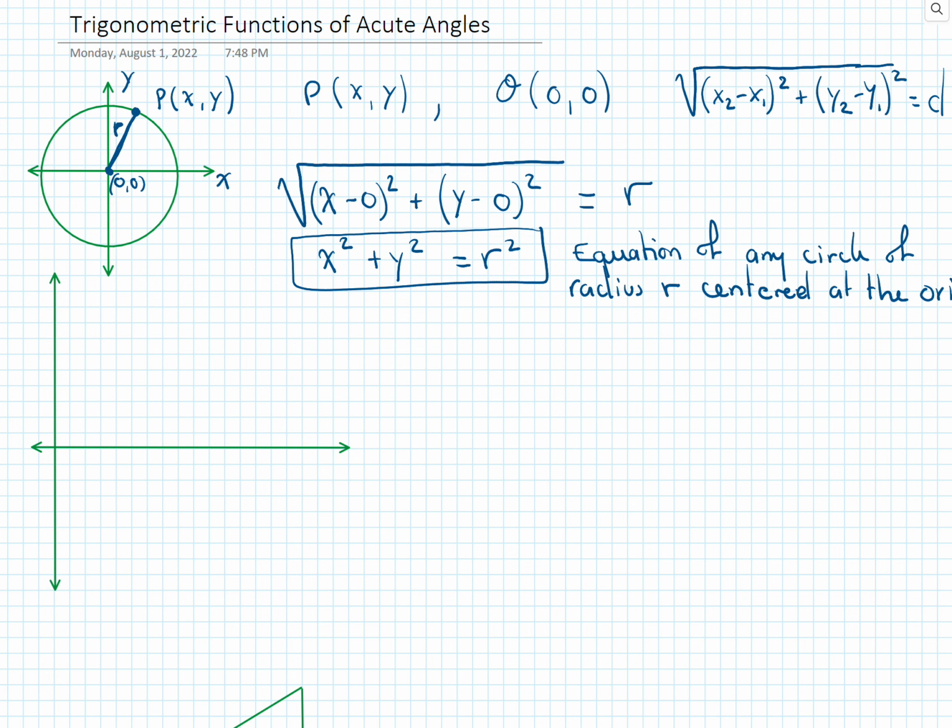Now, let's look at how we're going to link this to trigonometry. So I am going to say, okay, I have an x and a y axis. So here's my x-axis, here's my y-axis. And I'm going to draw, it won't be perfect, so forgive me, but I'm going to draw kind of a little piece of a circle here. And that's the origin, 0, 0.